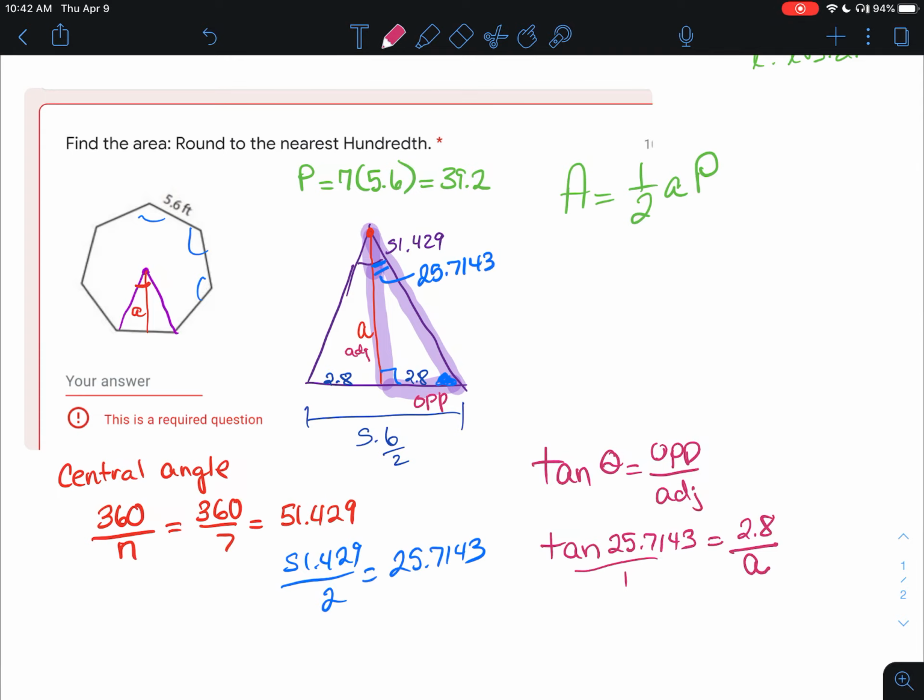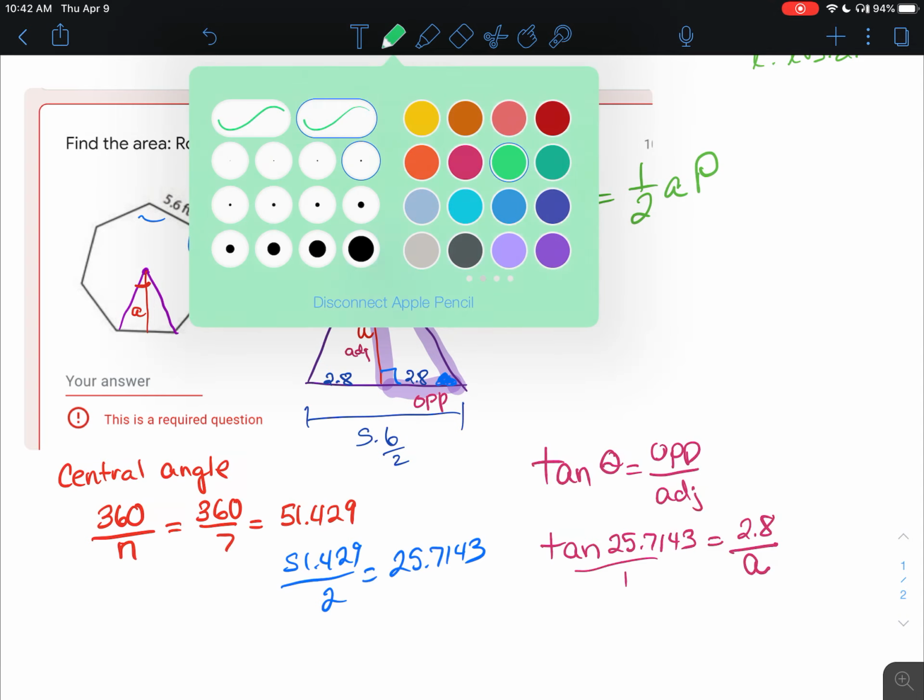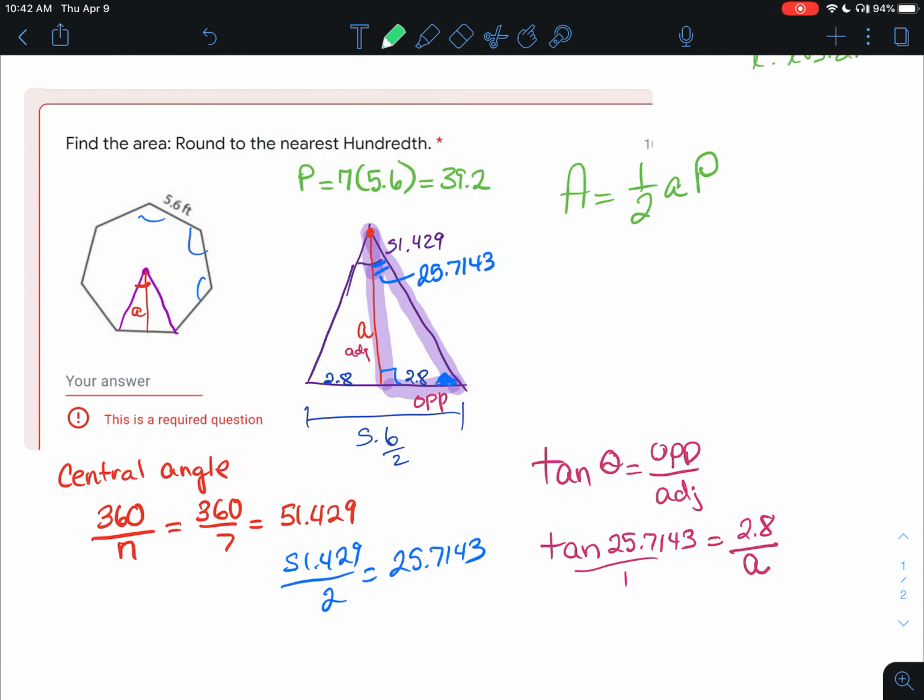Now, this time be very careful, because when you cross multiply, you're going to get 2.8 equals A times the tangent of 25.7143, and we're going to have to divide that. So we're dividing by the tangent this time.